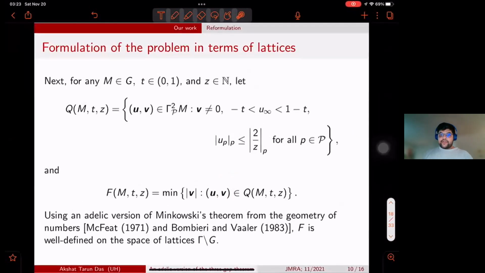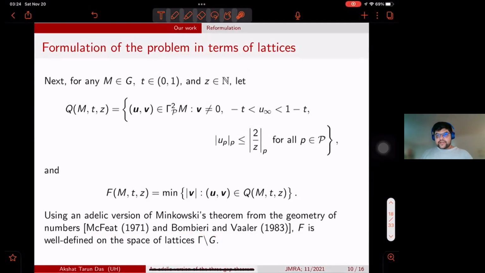This is what we're going to use to rewrite everything in terms of the space of lattices. But first, what we need to do is make sure that this function F is well defined. For that, we used an adelic version of Minkowski's convex body theorem, which was independently developed by McFeat in 1971 and Bombieri and Vaaler in 1983.